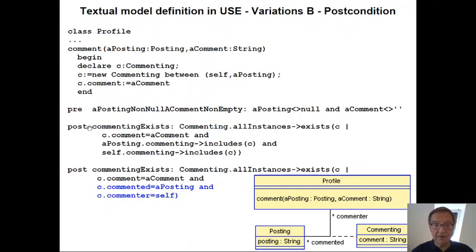It required that after the operation comment has been executed, there is a commenting object C, such that C.comment, the attribute of the commenting class, is equal to the second parameter of the operation, and this connection should have been established, namely posting, that's the parameter here, dot commenting, that is the navigation to commenting, includes C. That's a collection of objects, and so to speak, this is the arm of the link that is described in the first line.